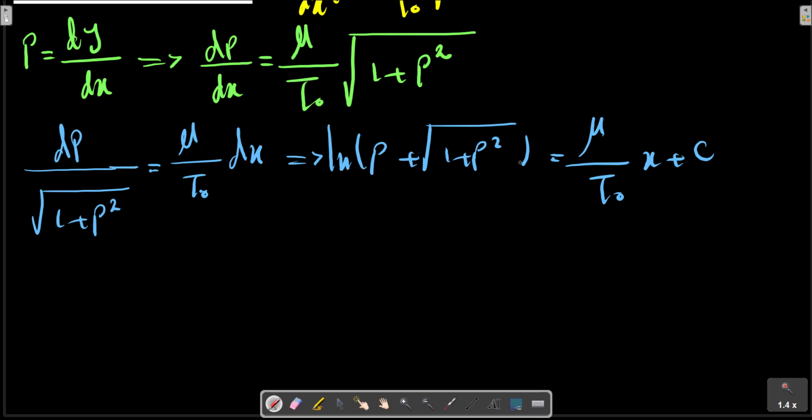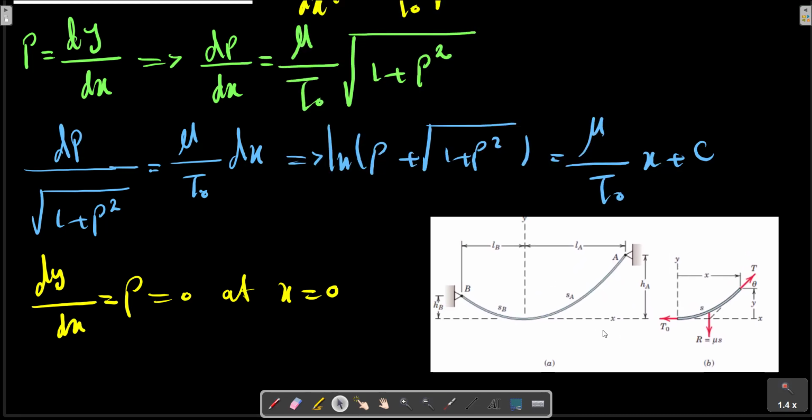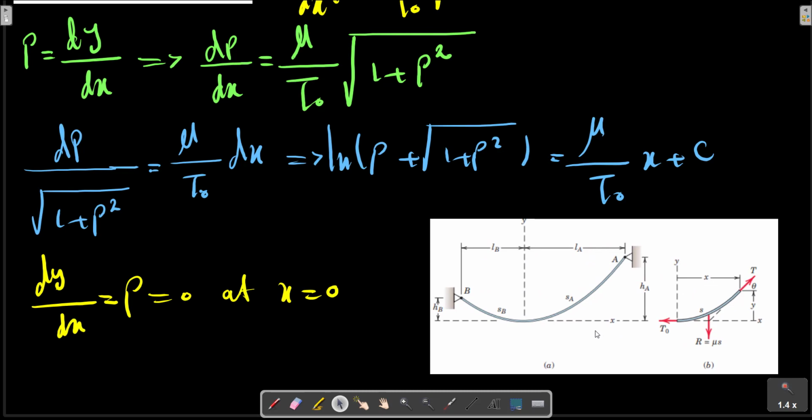The constant c is 0 because dy on dx, p, equals 0 at x equals 0 according to this picture. So c equals 0.